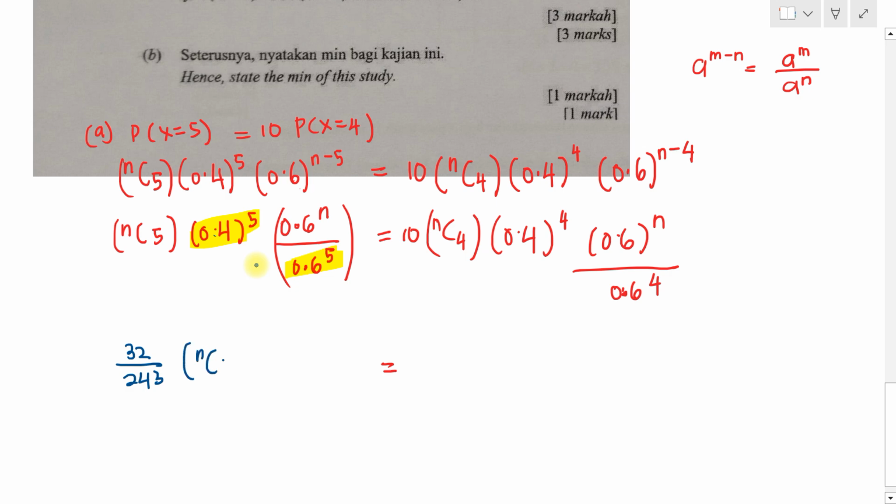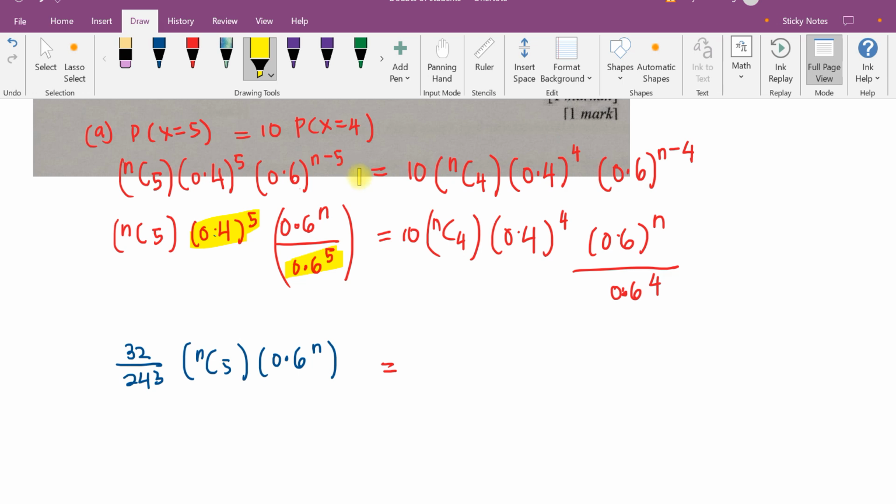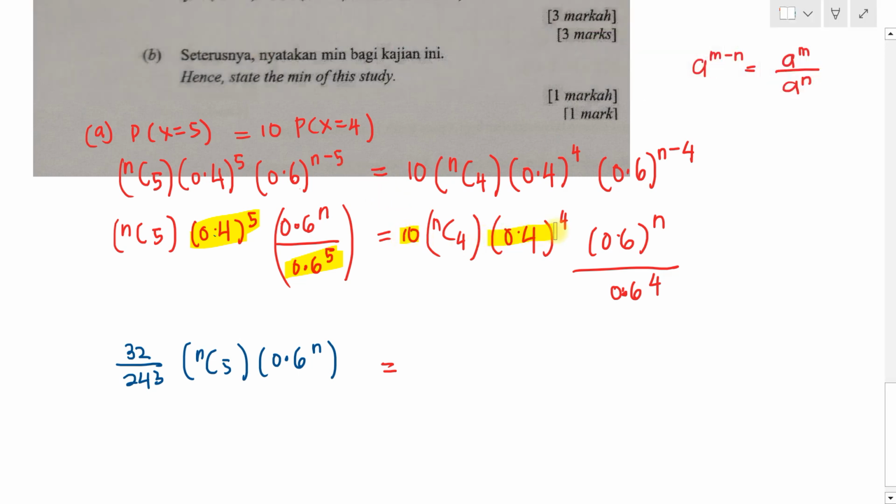And then we have nC5 and 0.6 power n. Okay, same here. We solve the numerical part: 10, 0.4 power 4 and 0.6 divided. Okay, let's calculate this.